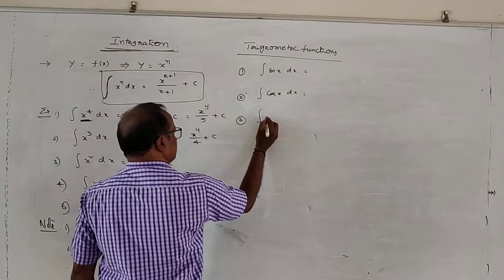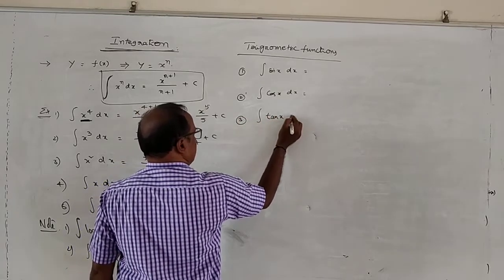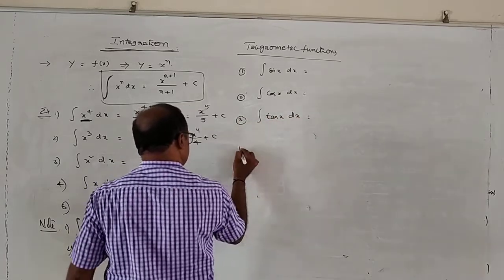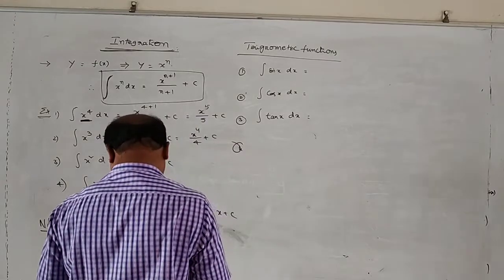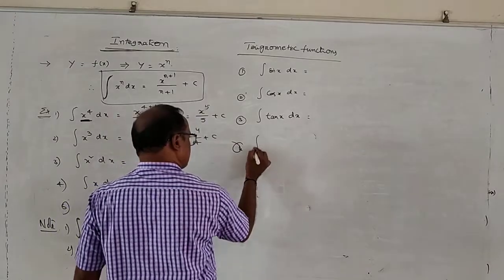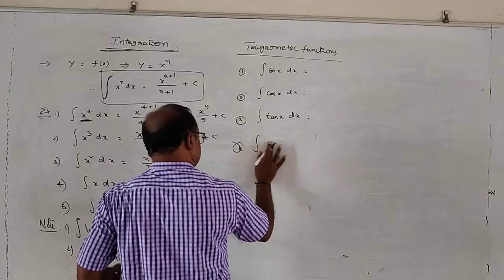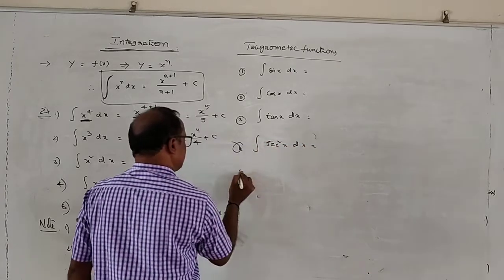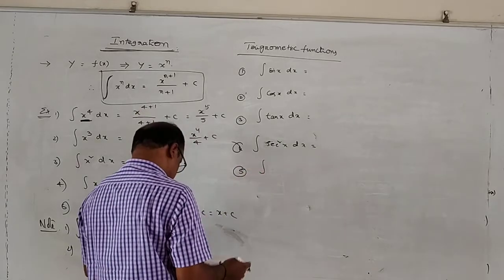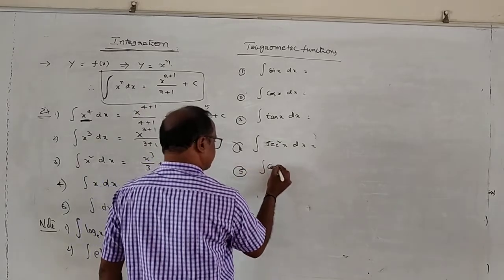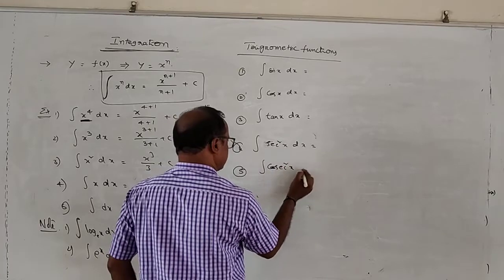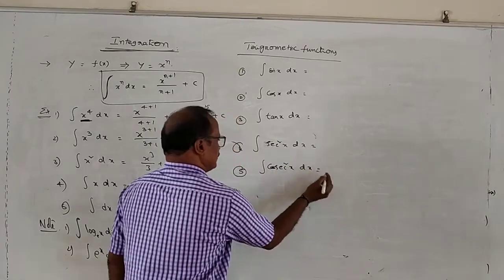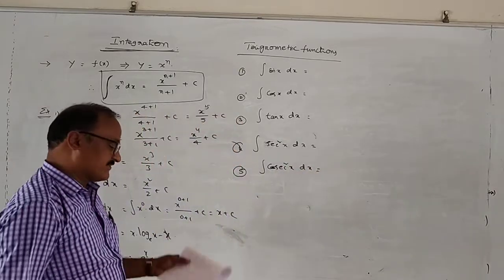Third one, integral tan x dx is equal to. Fourth one, integral secant square x dx is equal to. Fifth one, integral cosecant square x dx. You know, integration is the inverse process of differentiation.